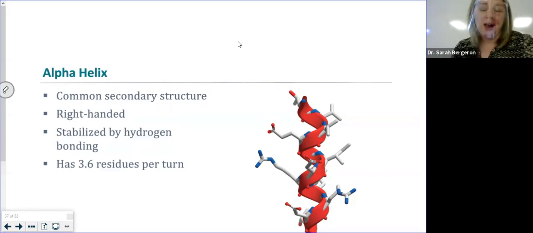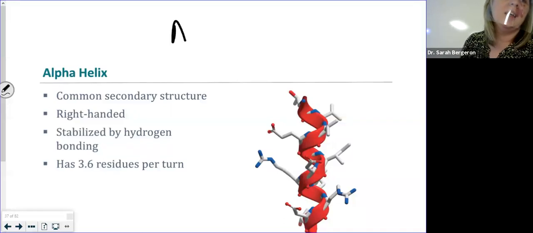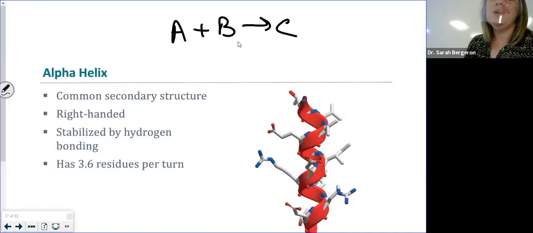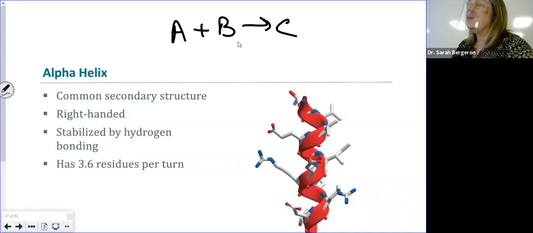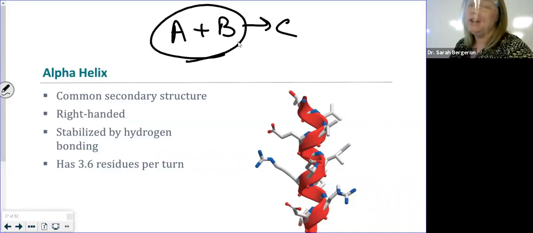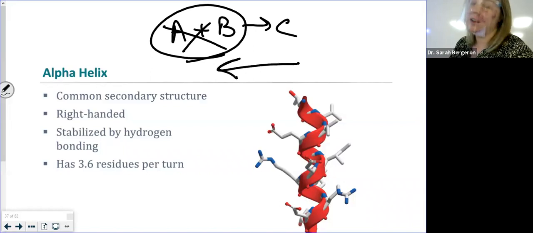Okay, so if you had A plus B goes to C, right? If you want to shift the reaction in either way, whatever you want to shift it in, you remove what you're going to, right? If you want to go to reactants, then you decrease this concentration and you'll shift this way.